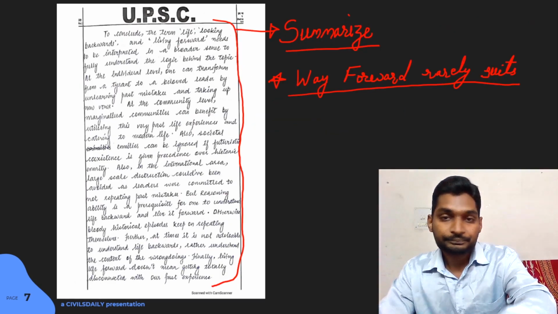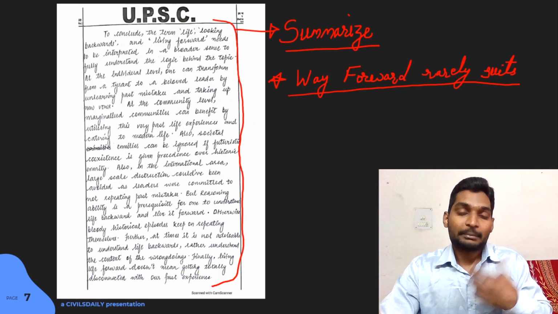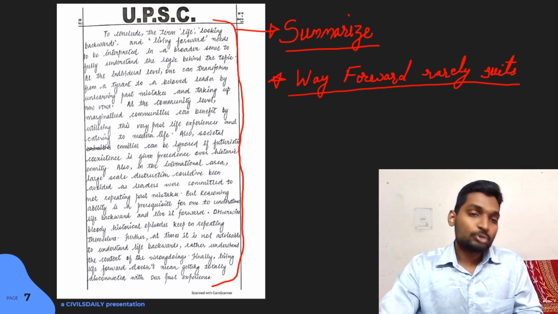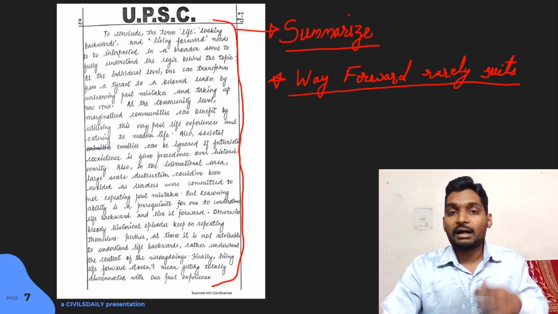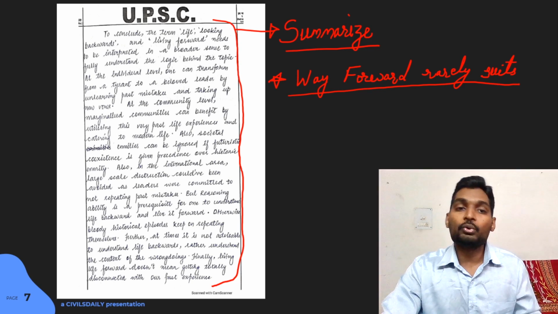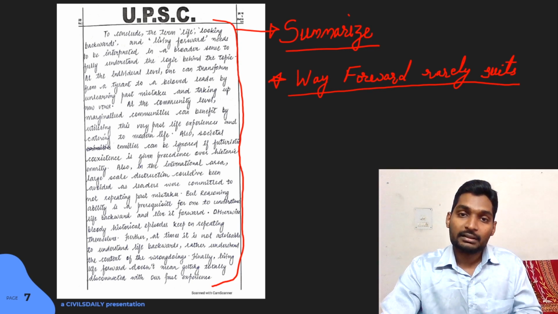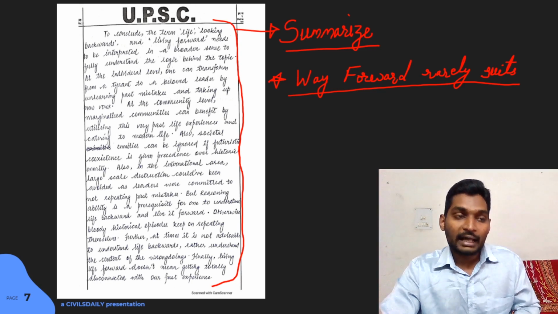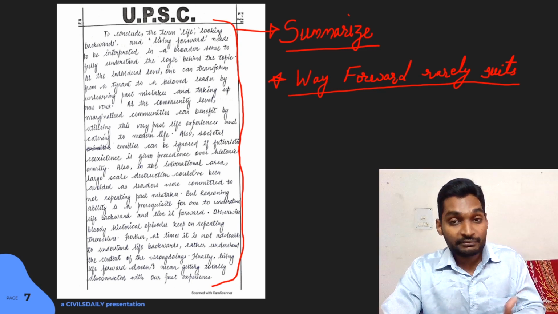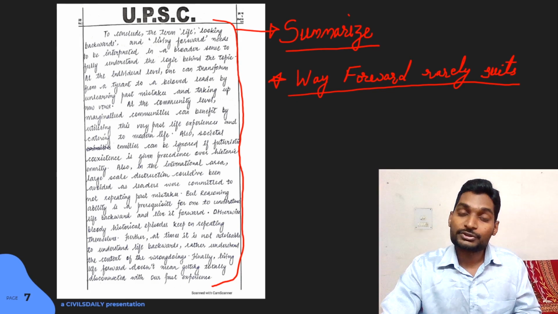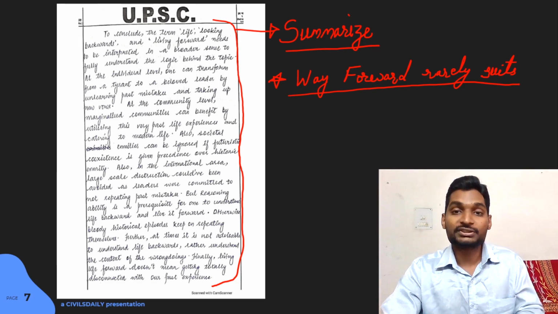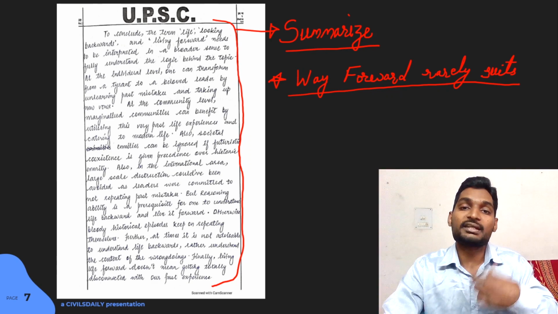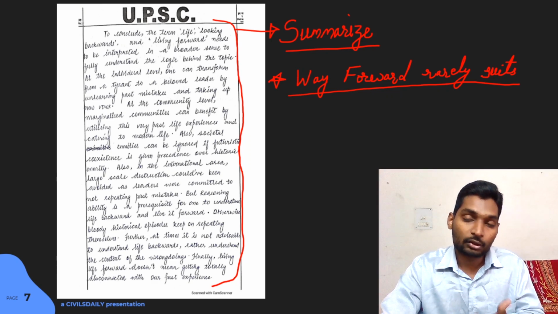Moving ahead, summarization. Many students have this problem, particularly in the philosophical essay: how do they conclude it? Many times, especially when students have used the pastel approach, they tend to give a solution or a way forward or a futuristic vision in their conclusion.